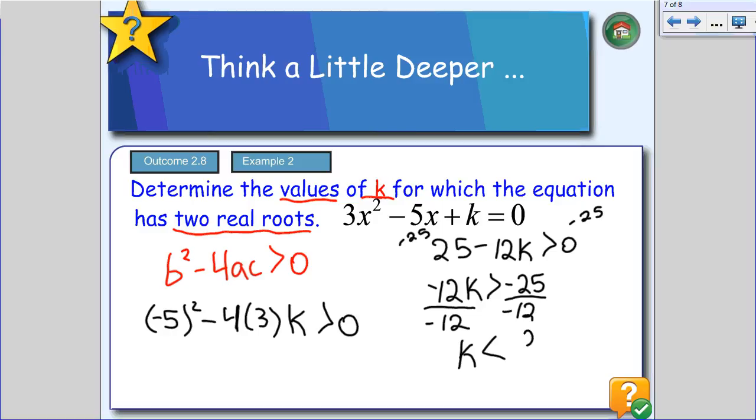Sorry, K is less than 25 over 12. That means as long as K is smaller than that number, it would give you two real roots. When you divide by a negative, you switch the sign.